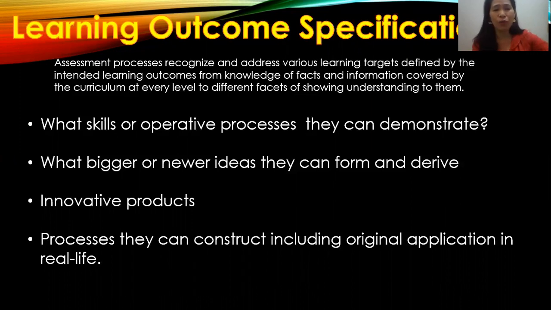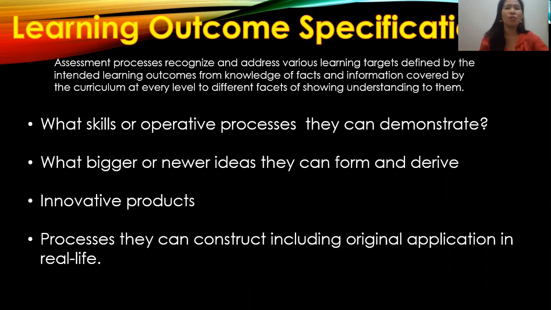Okay, let us review what the learning outcomes are. Assessment processes recognize and address various learning targets defined by the intended learning outcomes, from the knowledge of facts and information covered by the curriculum at every level to different facets of showing understanding. Okay, so these are considered as learning targets.